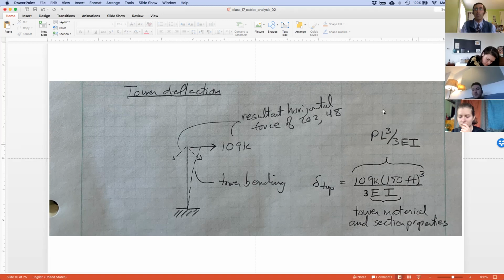And it's a cantilever with point load. PL cubed over 3EI is our equation. This might be, in fact, a way that we would design the tower. We might have an allowable displacement, choose a material, concrete or steel, that gives us an elastic modulus, and then choose a cross section that gives us a big enough moment of inertia to limit the deflections.